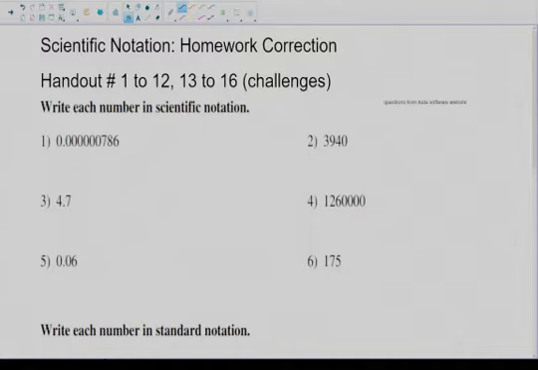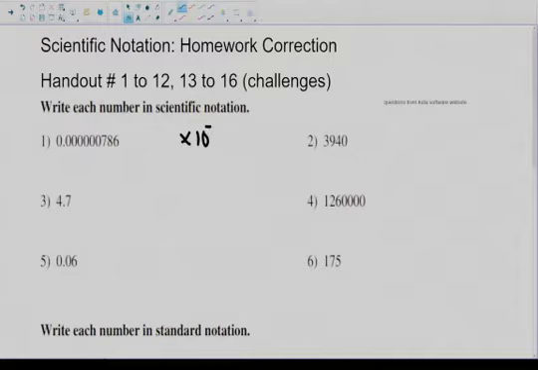So looking at number 1 right here. One thing I'd like you to get used to is as soon as you see a decimal number that is smaller than 1 like this, you should immediately understand that that's going to be a negative exponent, okay? Because I'm converting this number into scientific notation, the scientific notation has to give me that number back.